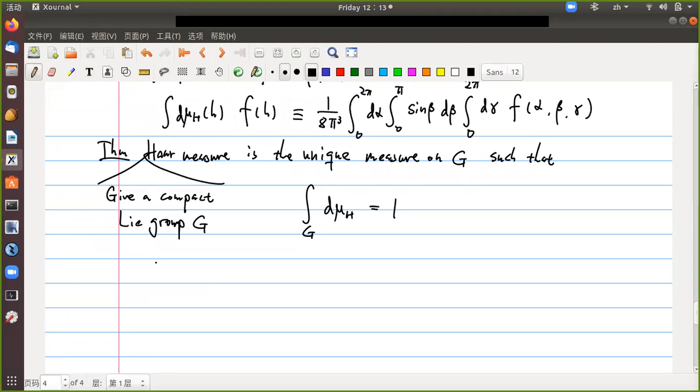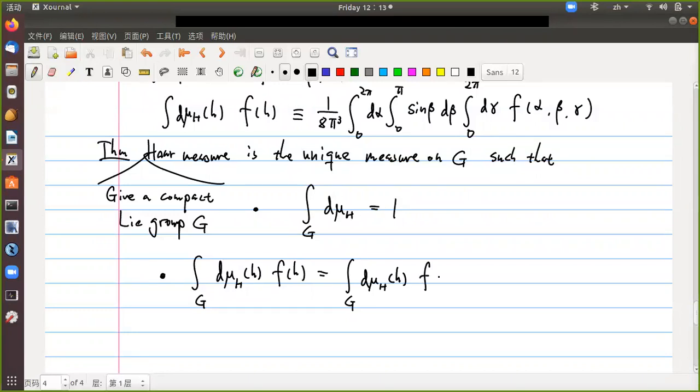Secondly, it has certain invariance. Suppose you consider an integral on the group of a function, and you translate this function using group multiplication; you get the same integral, the same result.